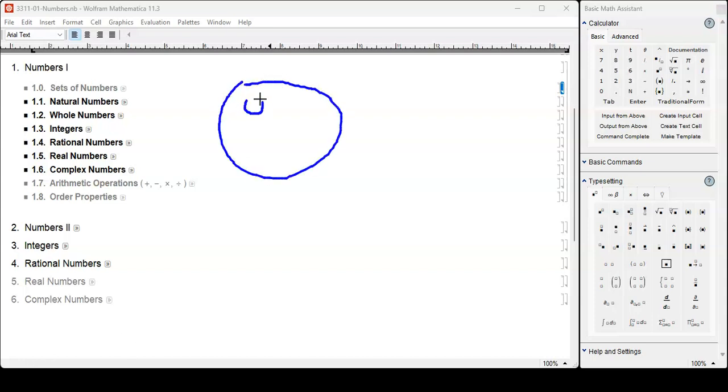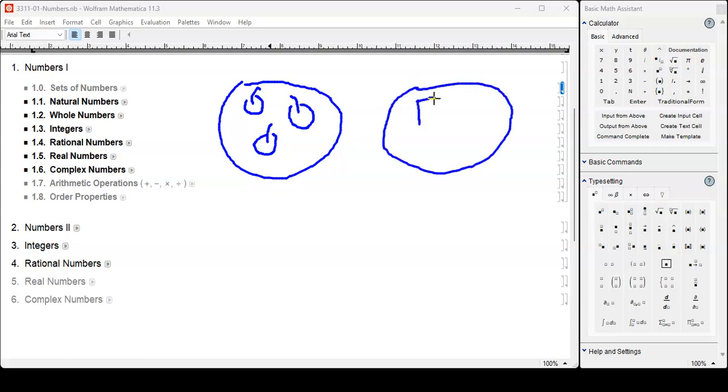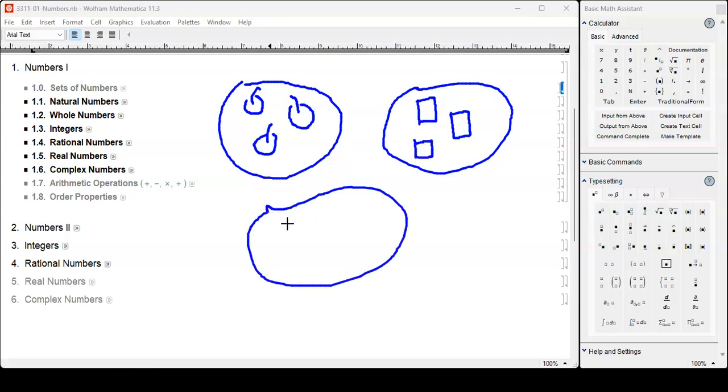Here's a collection of 3 apples. And then here's a collection of 3 squares. Okay, and then here's a collection of 3 triangles. And so on and so forth.